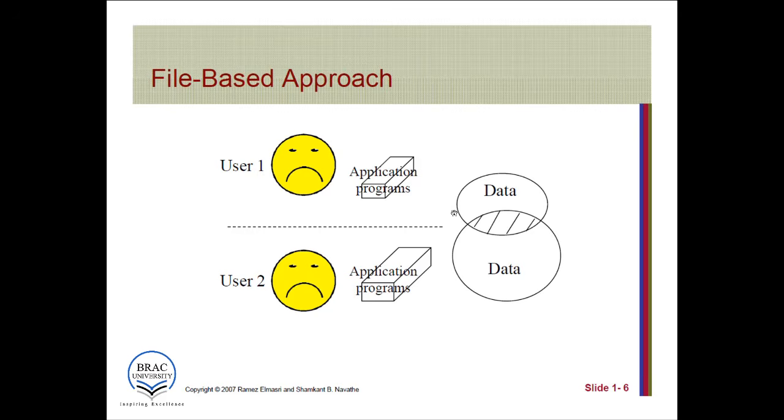So let's say, for example, a student wants to update his or her mobile number. Now, where does the student need to go to update his or her mobile number? Okay, he needs to go to the register office because they need to know the new updated number. So the register office user needs to update the data in his file. But the account department is also interested in knowing the new number.